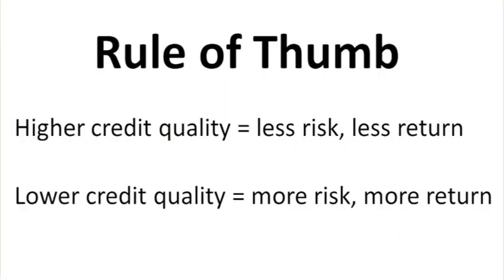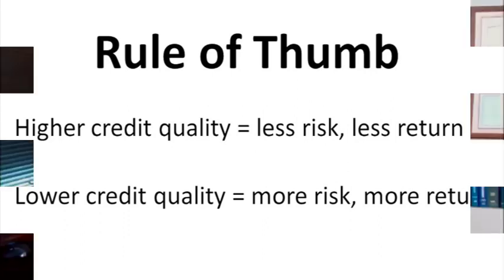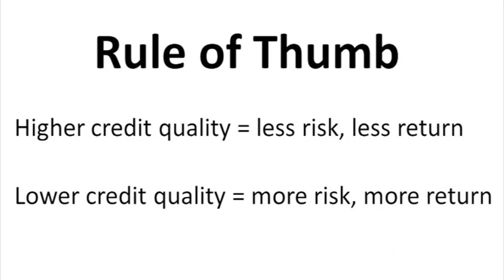Higher credit quality equals lower risk of default and lower potential returns. Lower credit quality equals higher risk of default, but also higher potential returns. Bonds that are issued by the US government often have the highest credit ratings out there.